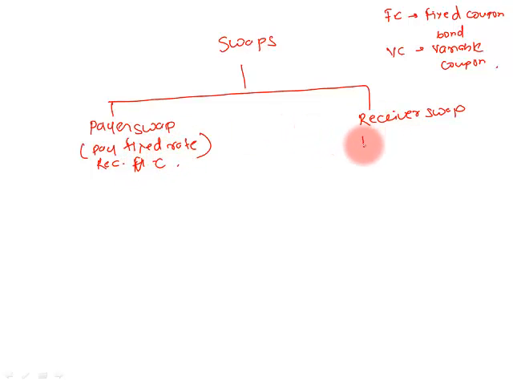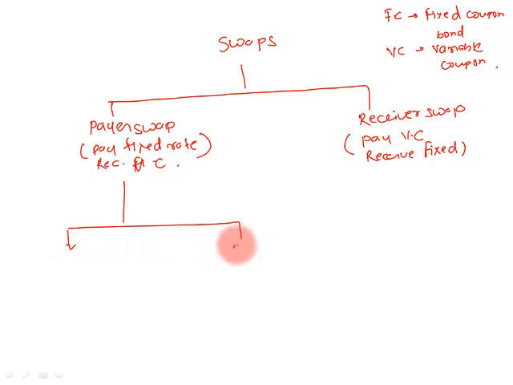Receiver swap means I will pay variable coupon and I will receive fixed. These cash flows can be replicated using the following two combination.